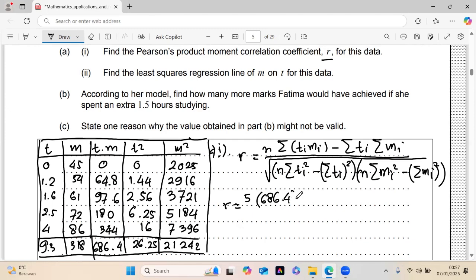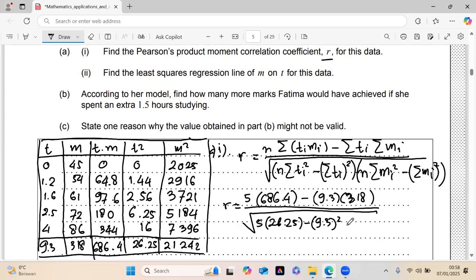So 5 times 686.4 minus 9.3 times 318, over the square root of (5 times 26.25 minus 9.3 squared), in brackets, times (5 times 20,242 minus 318 squared).